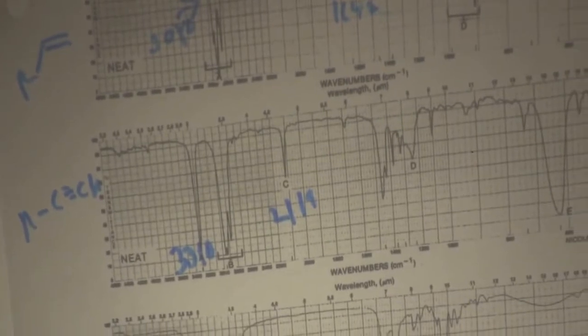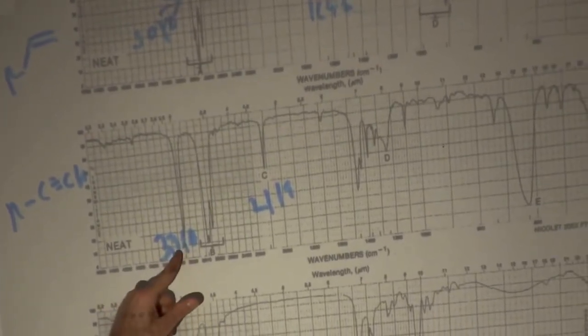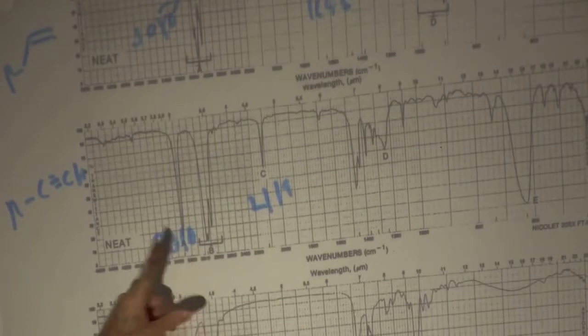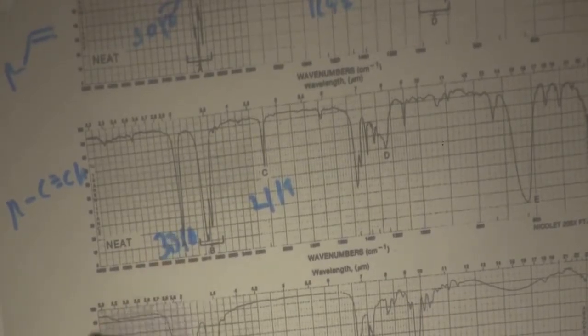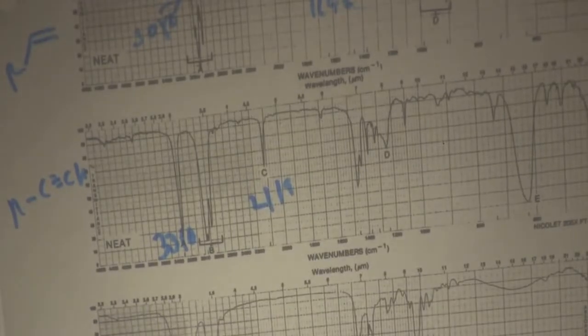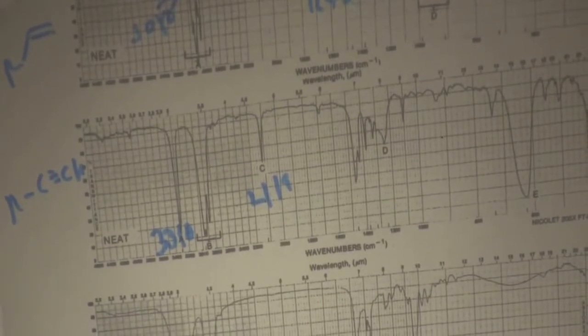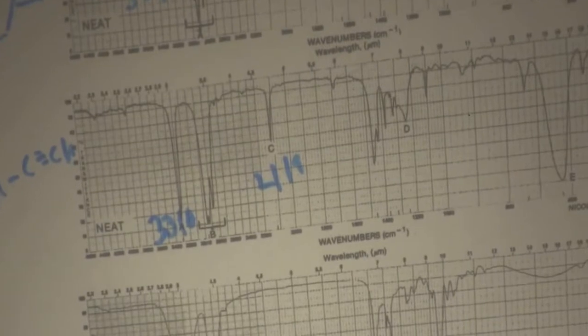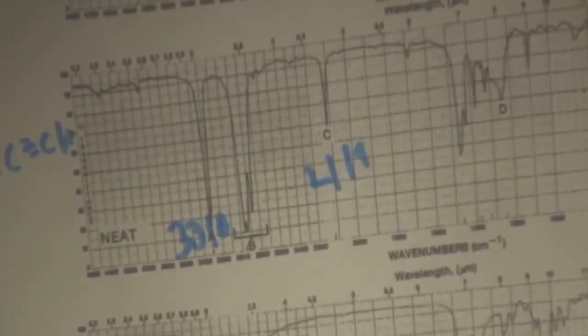The band at 3310 is quite sharp, and that's very characteristic of an alkyne. So indeed we have an alkyne. This region at about 2000 to 2100 jumps out at me.